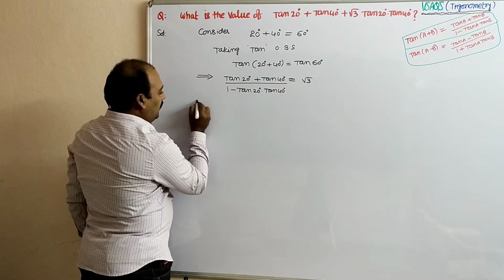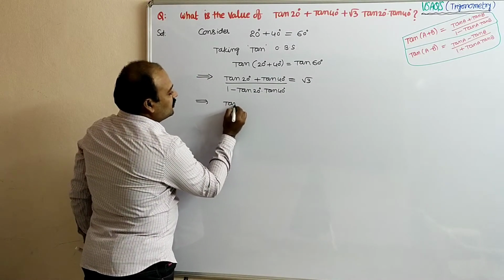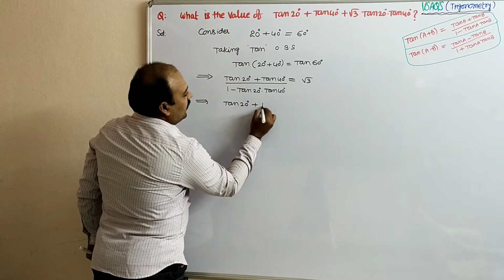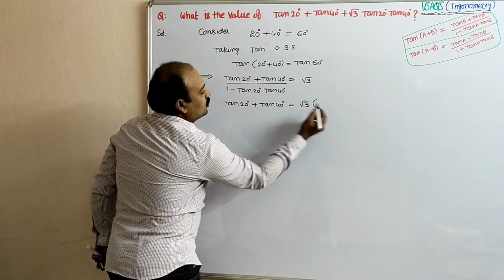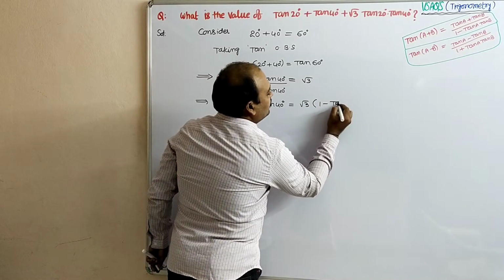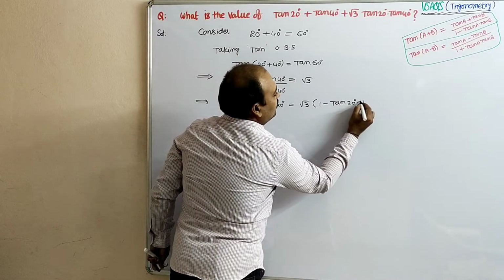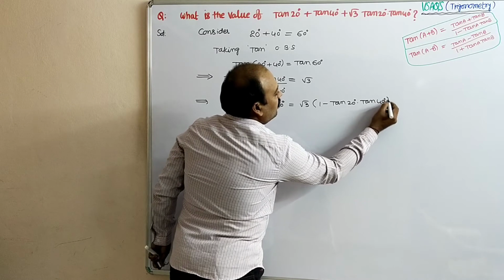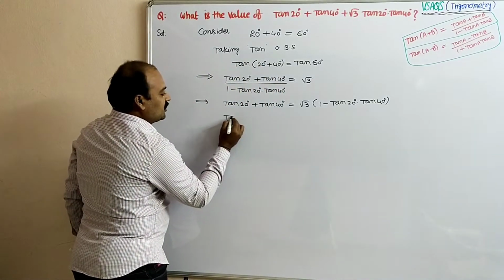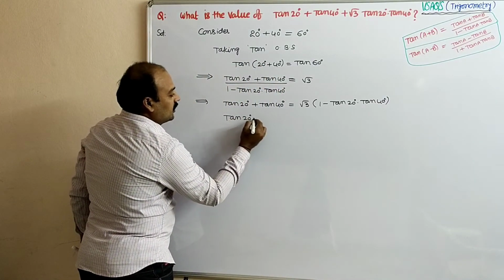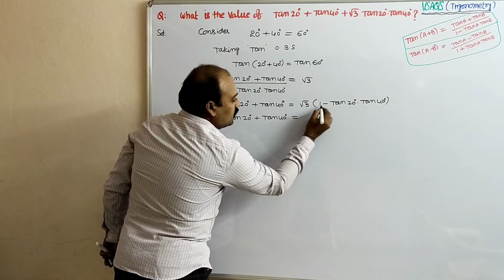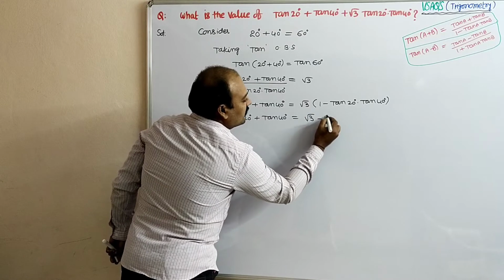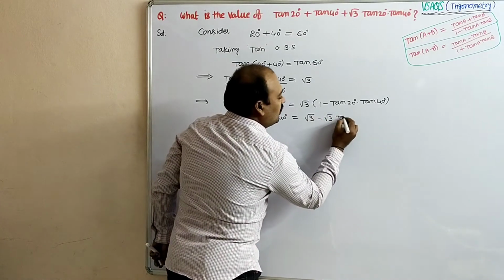Now cross multiply: tan 20 plus tan 40 is equal to root 3 into 1 minus tan 20 into tan 40. So tan 20 plus tan 40 equal to root 3 minus root 3 into tan 20 into tan 40.